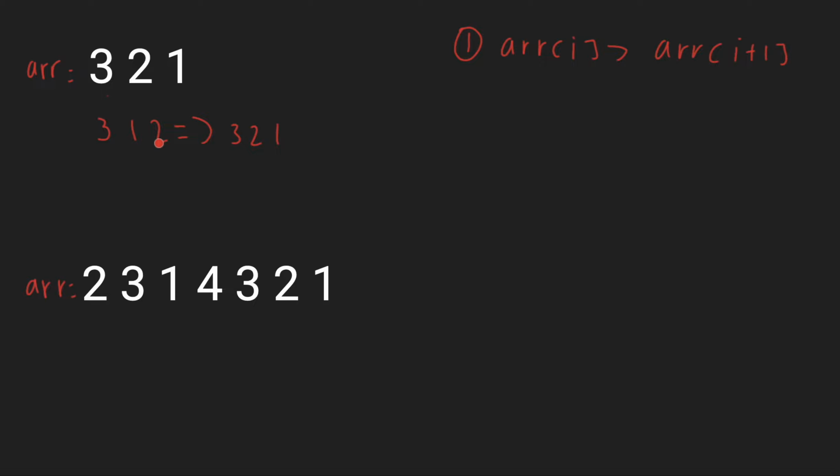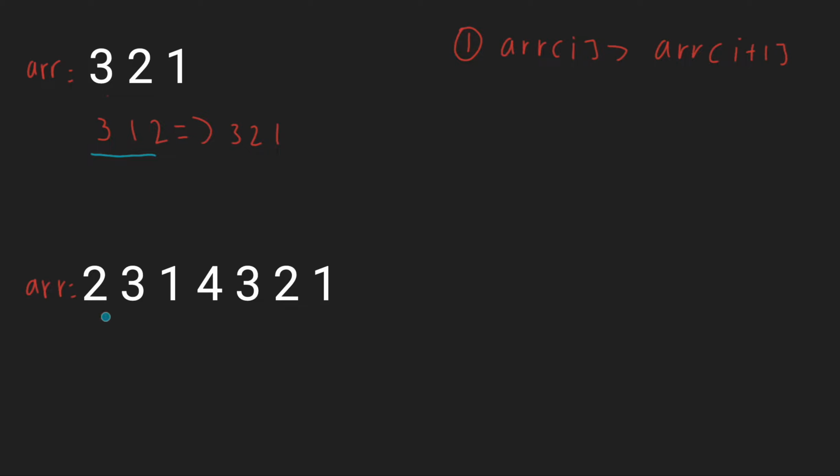So we are starting from the end of our array, we find the first element that is greater than its next neighbor, and we swap them. This is the first rule. This is a very simple example, so in this case we can apply it only by swapping these two neighbors, right?